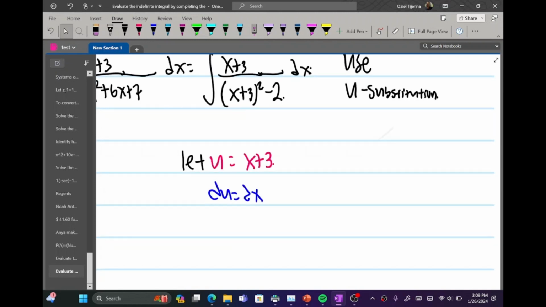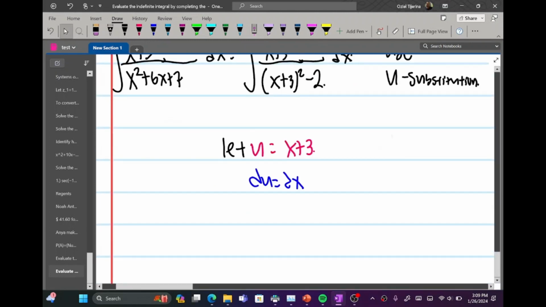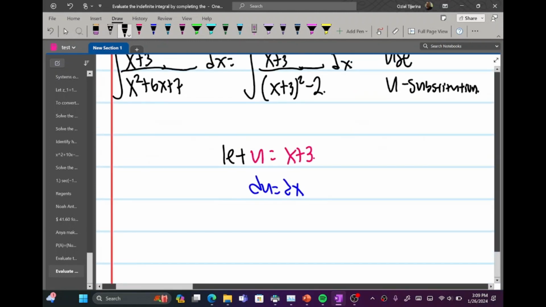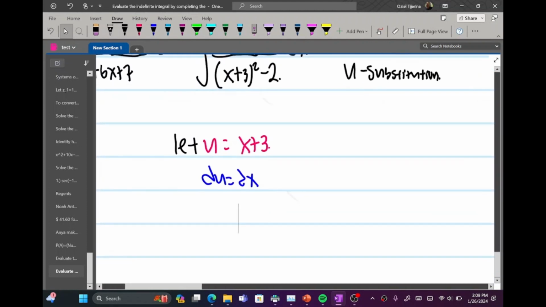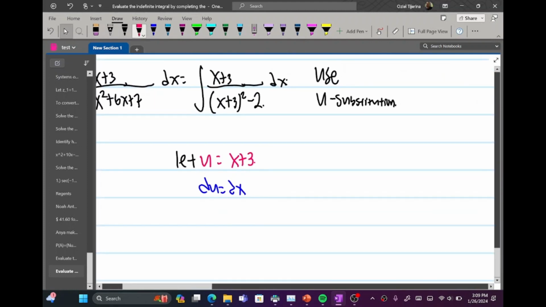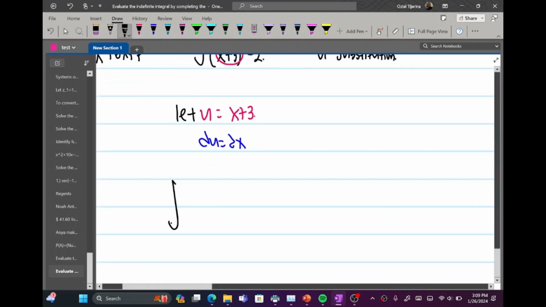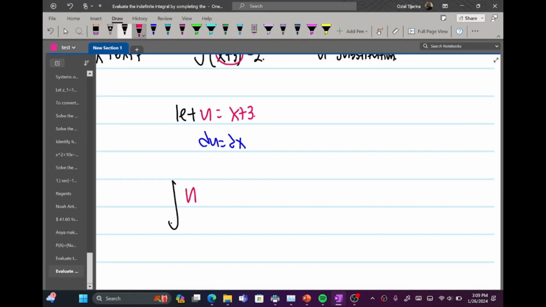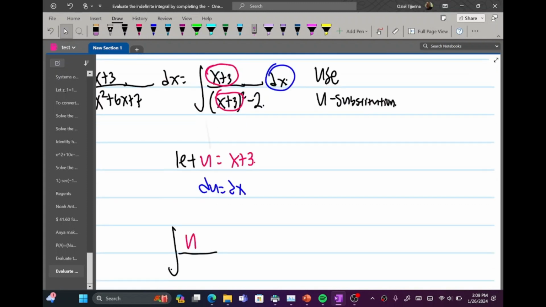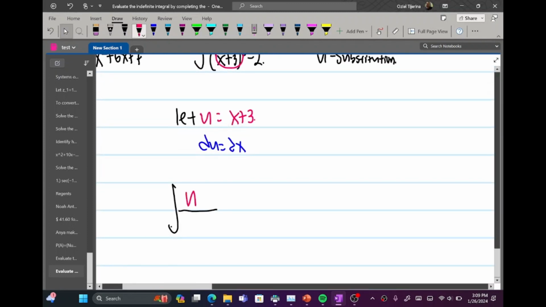Okay. So from here, again, the u is this, and the du will be this. I'm just really being specific in stating that. So we're going to have the integral of u over u squared minus 2.